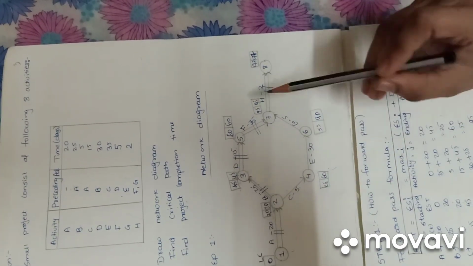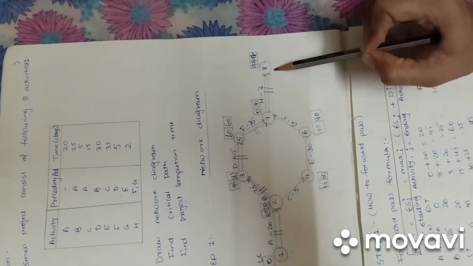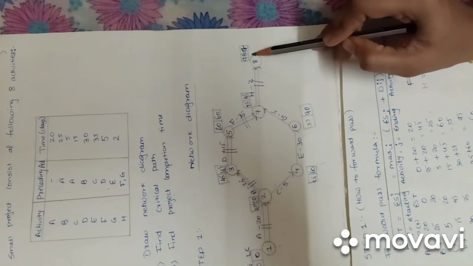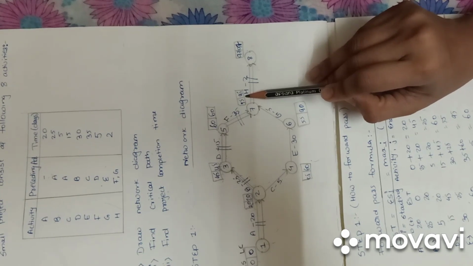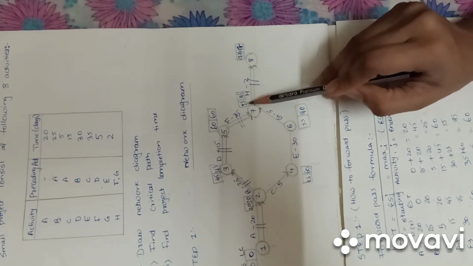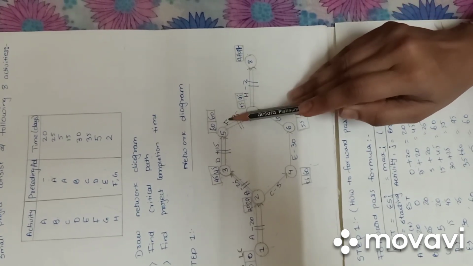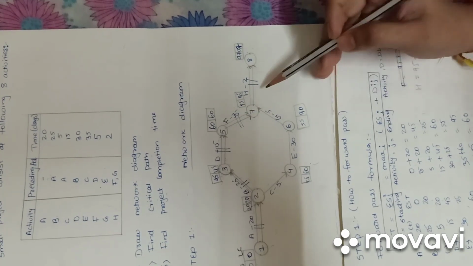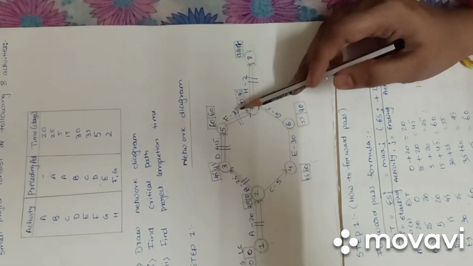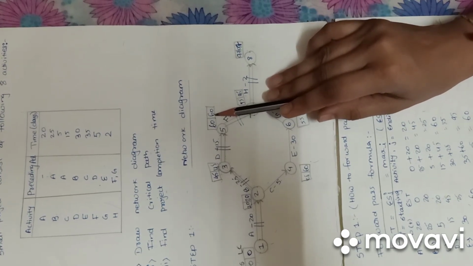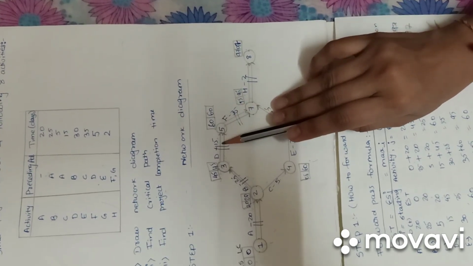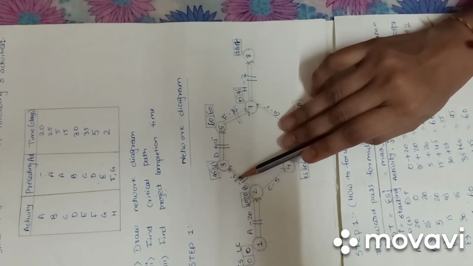For node 8 the latest completion time is 97. So 97 minus 2 is 95. For node 7 we write down 95. Then 95 minus 35 is 60. 60 minus 15, 45. 45 minus 25, 20.